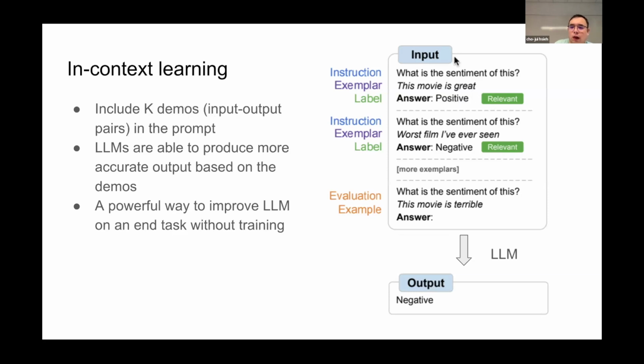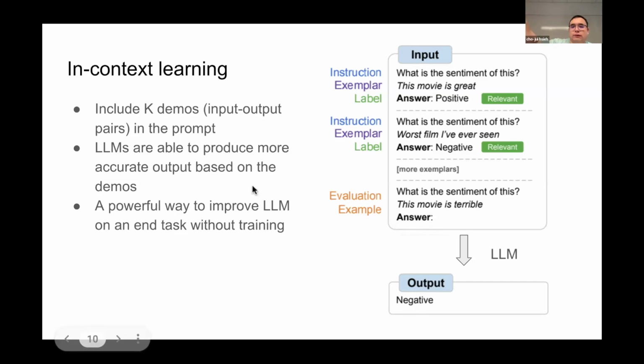For example, in this case, I want to do sentiment analysis. For the first demo, I give: this movie is great, and the answer is positive. Then another demo: worst film I've ever seen, the answer is negative. You give a few of these samples, and then you ask what's the sentiment of this, and you want the LLM to answer it. The answer is negative in this case.